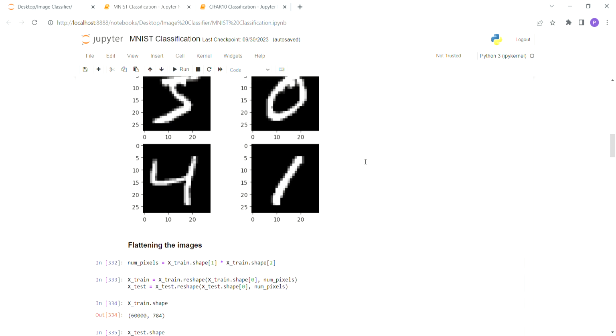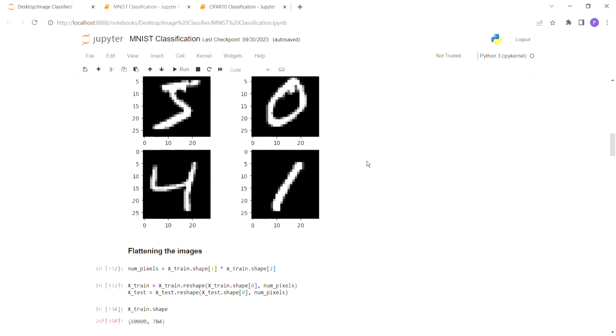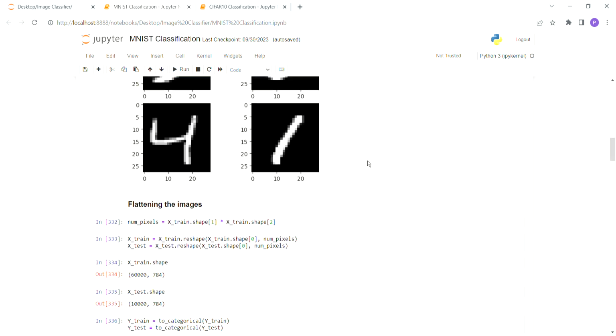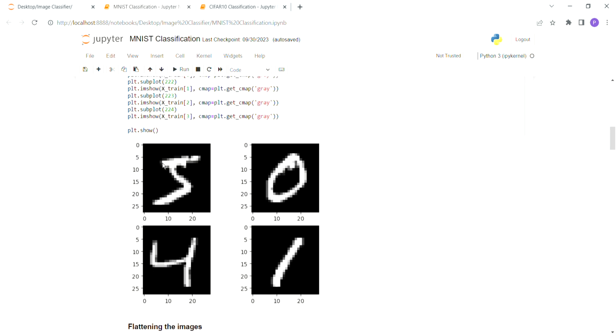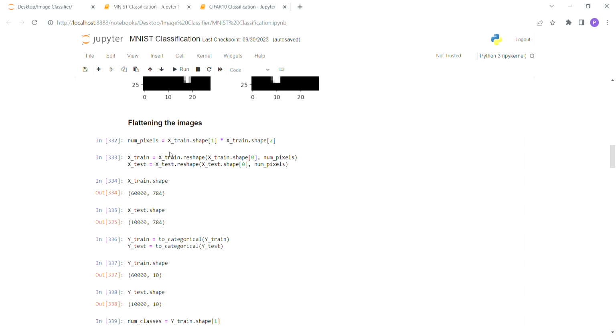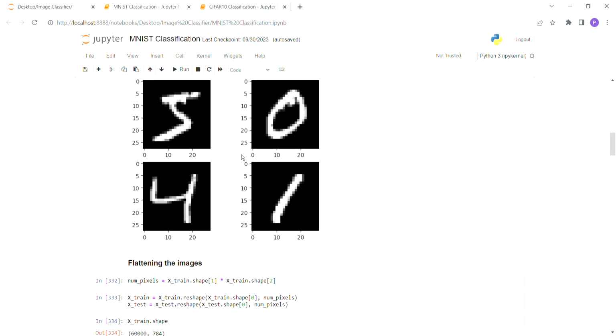Further, now coming to pre-processing this data for training. Since we are using multi-layer perceptrons, we need to flatten these images. So the first step would be to flatten the images into a single layer.